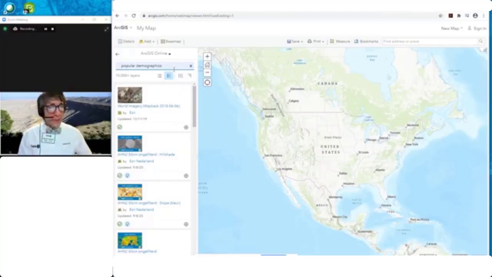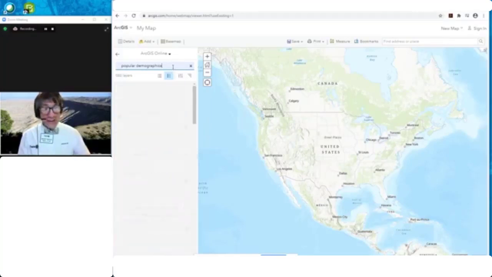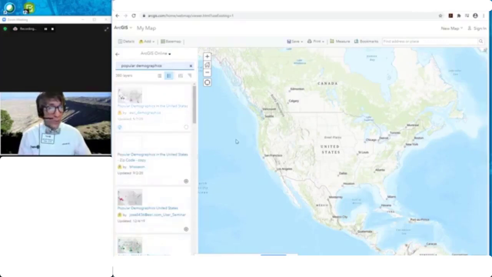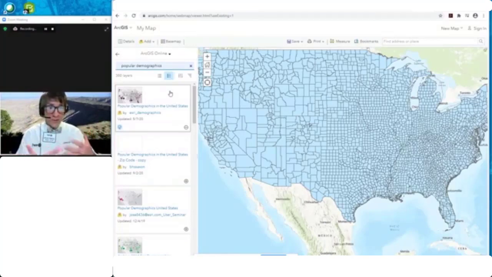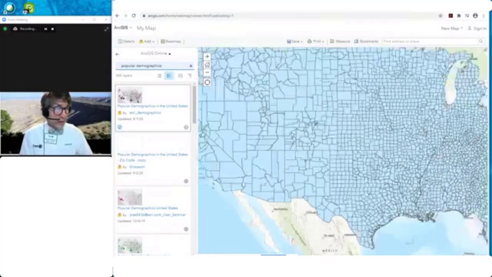It's just fascinating, in part because you've got scalable layers. So you've got states, counties, zip codes, census tracts at your fingertips. You don't have to go to census.gov and download the Tiger files and then join it to the demographics. You've got it at your fingertips here.